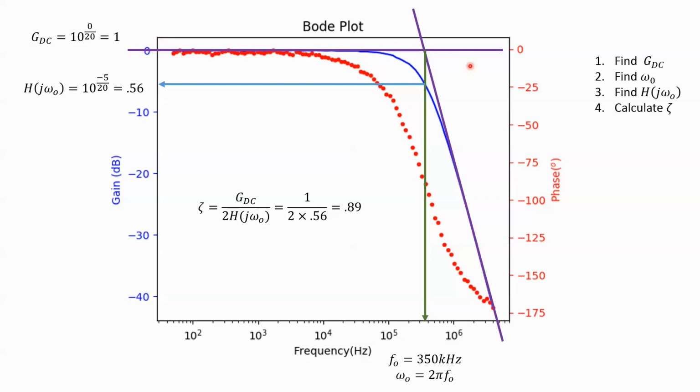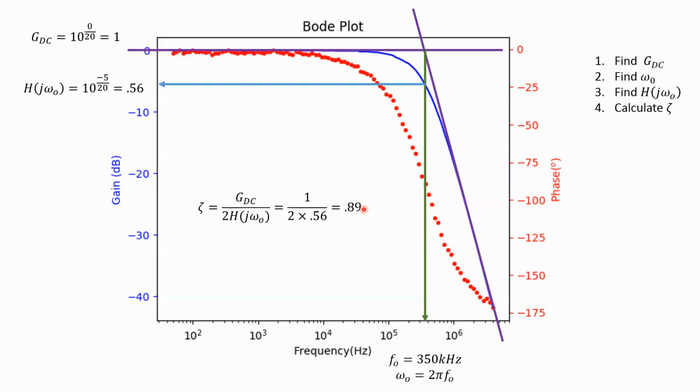I bring out 0, right? And then this purple line, I bring it up and drop it down, and my cutoff frequency is about 350 kilohertz. Then to find zeta, I read off the transfer function at that point, which is about 0.56, solve for zeta, and it's about 0.89.